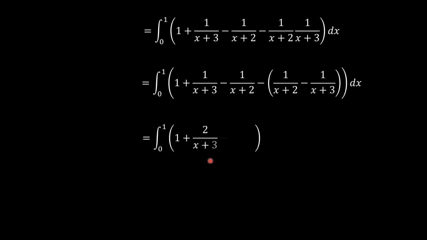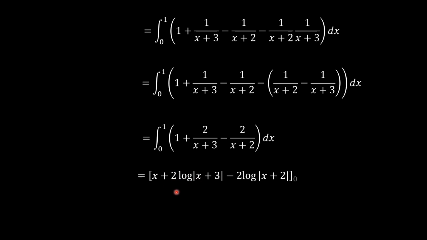You have 1 plus 1 over x plus 3 plus 1 over x plus 3, so you have 2 over x plus 3 minus 2 over x plus 2. And this is the same as x when you integrate, plus 2 natural logarithm of x plus 3 minus 2 natural logarithm of x plus 2, from 0 to 1. So you can play around with that so that you get x plus 2 natural logarithm of x plus 3 over x plus 2.